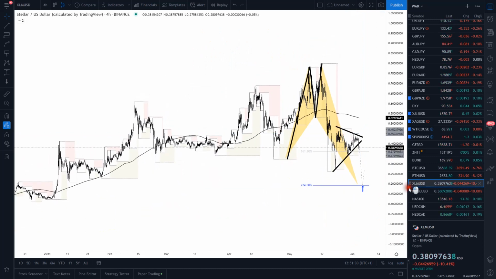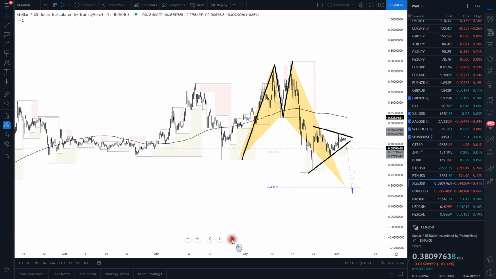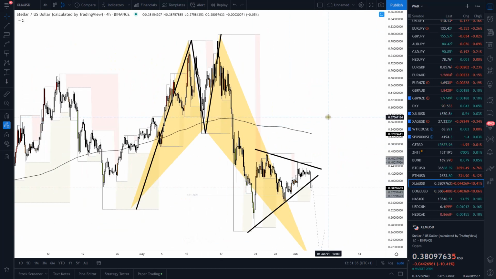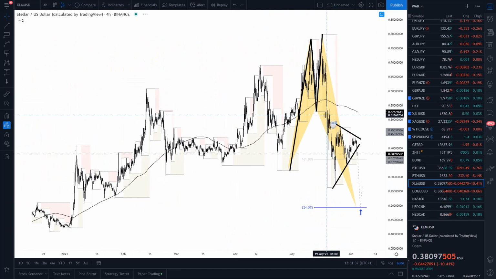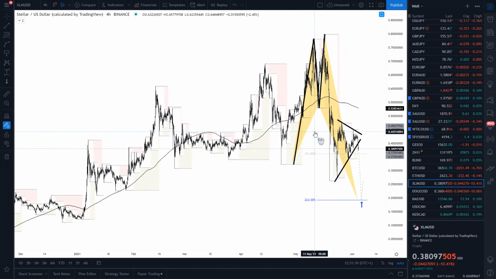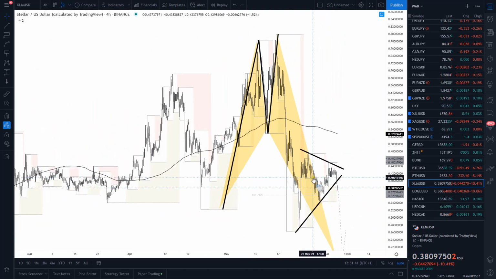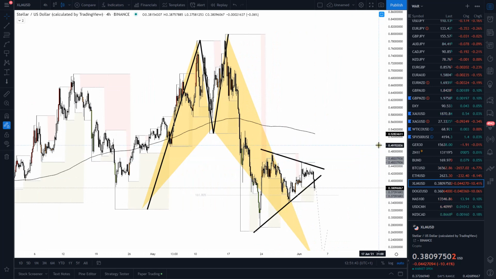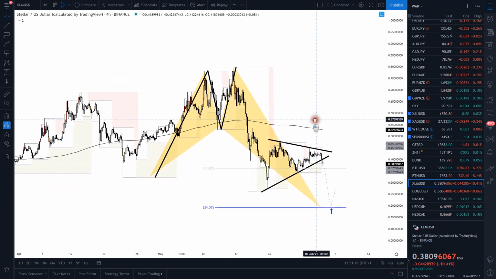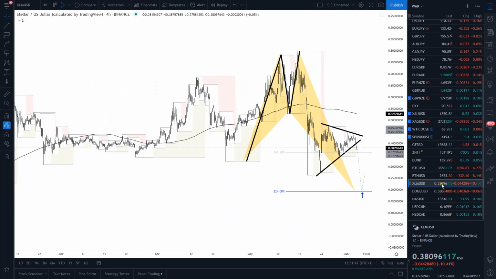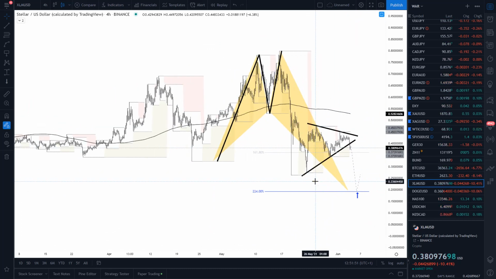Stellar, one of the cryptos that calls my interest for no specific reason, but just because it has a nice price action without those extreme behaviors that we see on Bitcoin and on Ethereum, more calm, let's say.